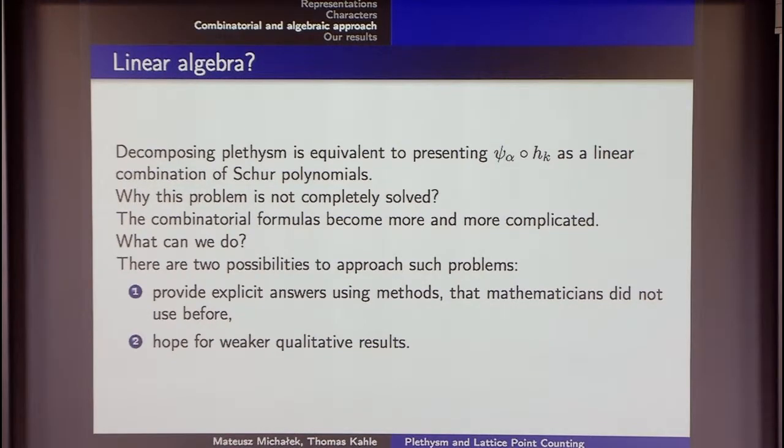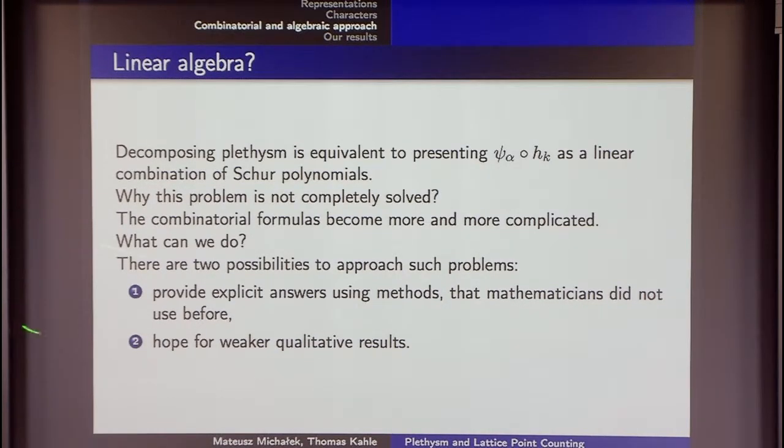Either really aim to obtain the aim using some new methods that people before us didn't use, or try to ask a different question. Maybe not an explicit answer, but something connected to the answer. And I will present both of these approaches, point 1 and point 2.